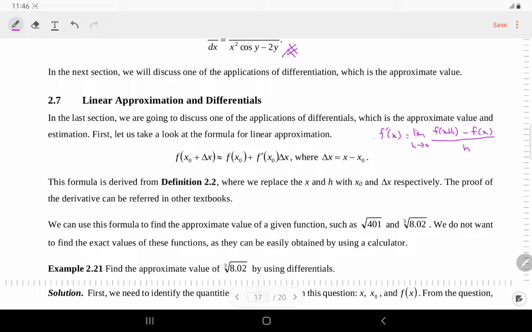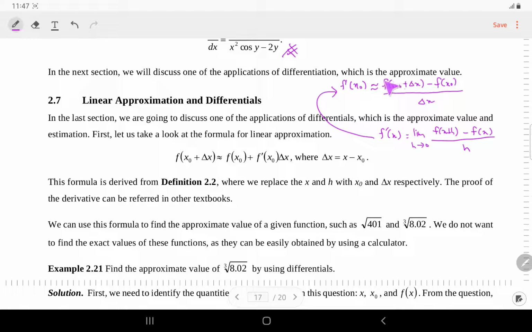So we'll get f prime x naught equals limit, f of x naught plus difference of x minus f of x naught, divided by difference of x.